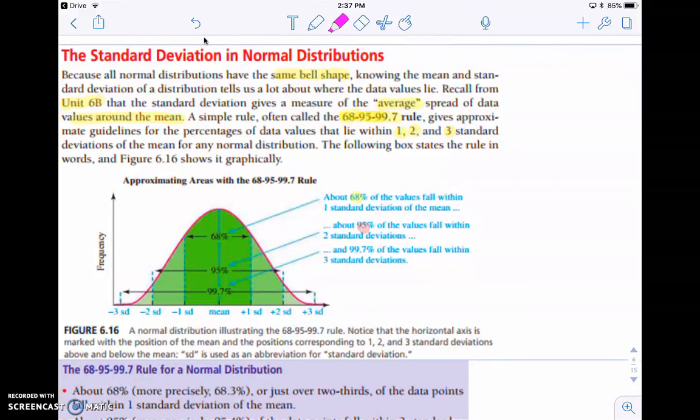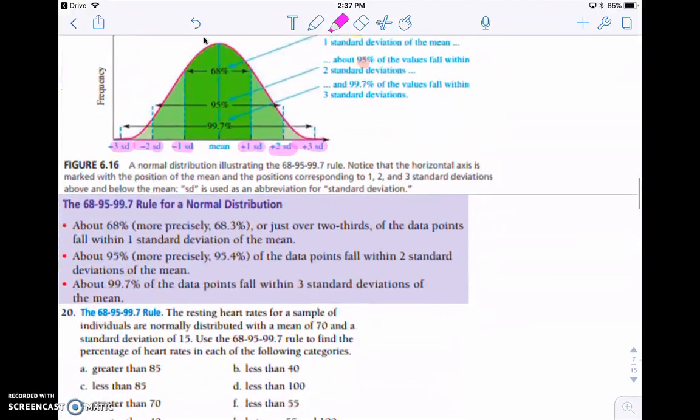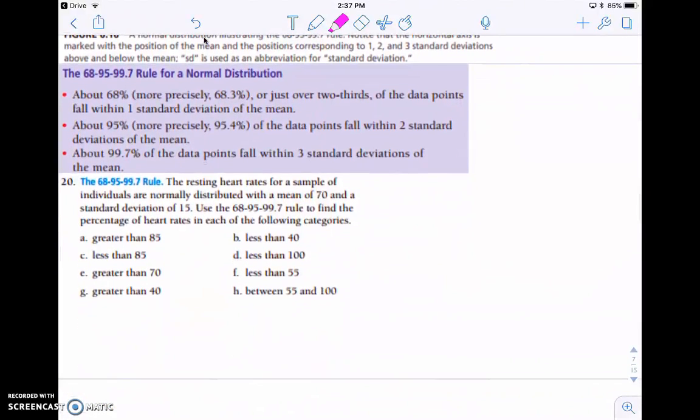But remember, the 68, 95, 99.7 applies to normal distributions, and we're looking at standard deviations either above the mean or below the mean. So when you see that negative on -3 SD, that just means 3 standard deviations below the mean. So there's the empirical rule, the 68, 95, 99.7.